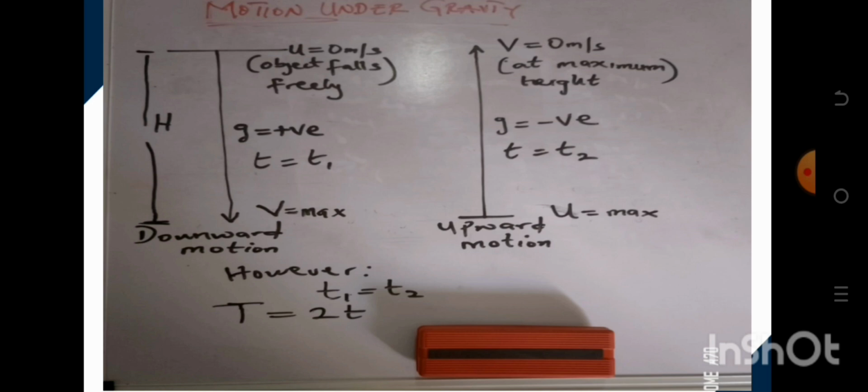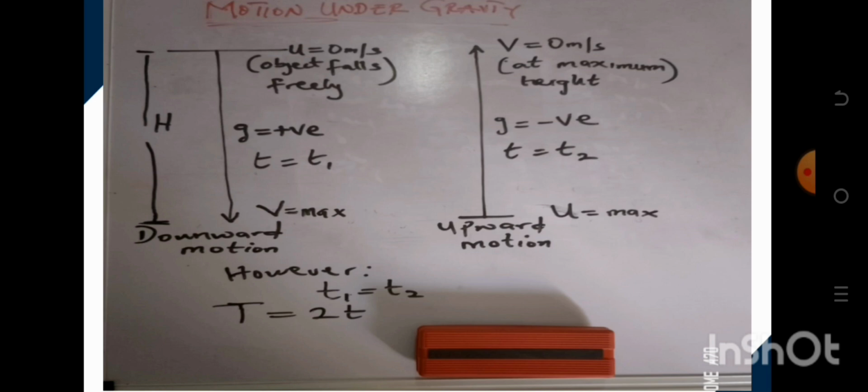Then, let's look at the second chart. When the object is going up, the object cannot go up without you throwing it up. So you need a velocity to throw an object up. Therefore, the initial velocity is maximum when you are throwing it up. But when you throw an object up, the object will keep going, and as it is going up, the velocity is reducing until it gets to a maximum height.